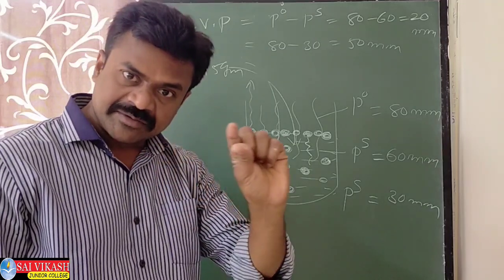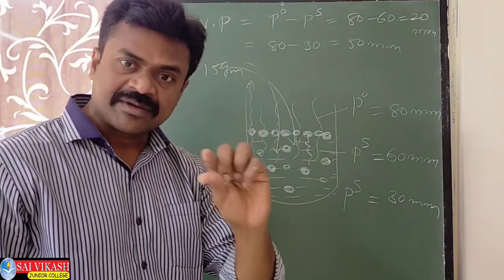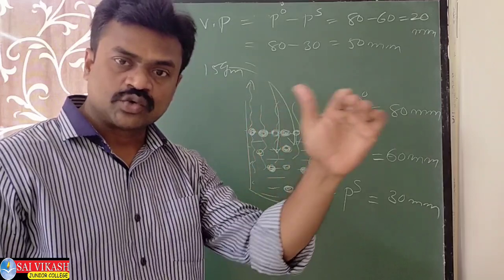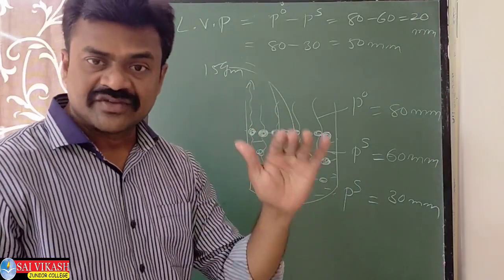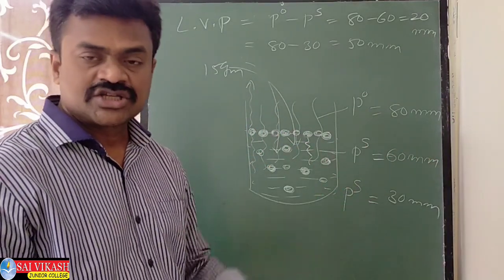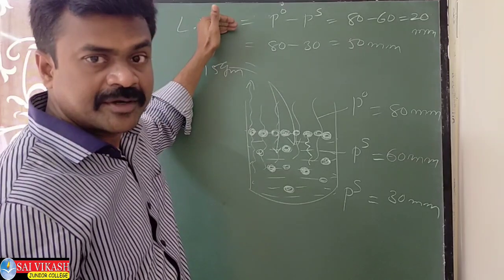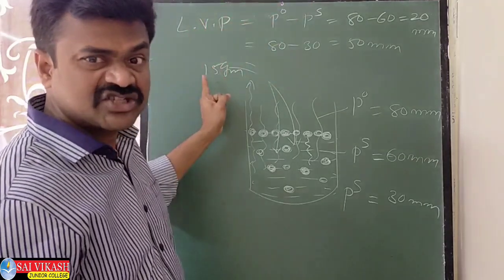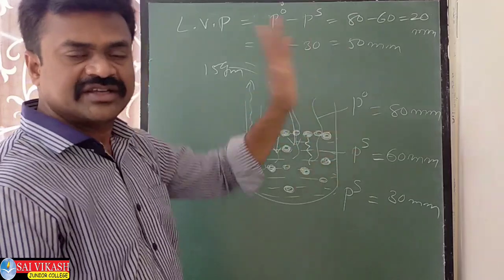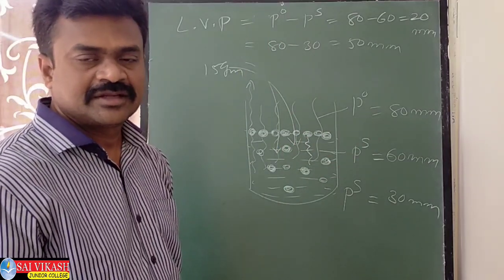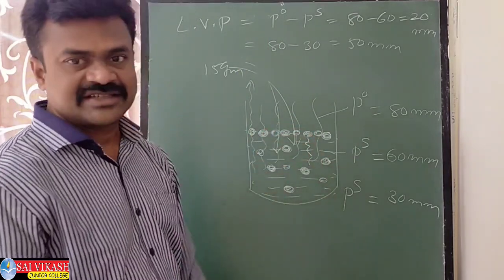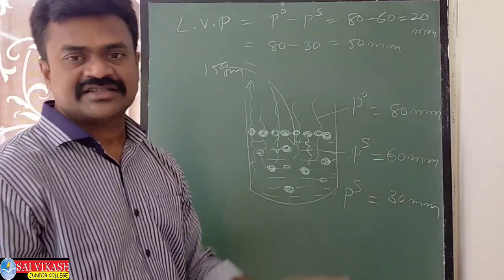This is a very important point. I will remind you of this point after 2 or 3 classes because it is very useful. The lowering of vapor pressure increases when solute quantity increases, because vaporization decreases, so vapor pressure decreases.